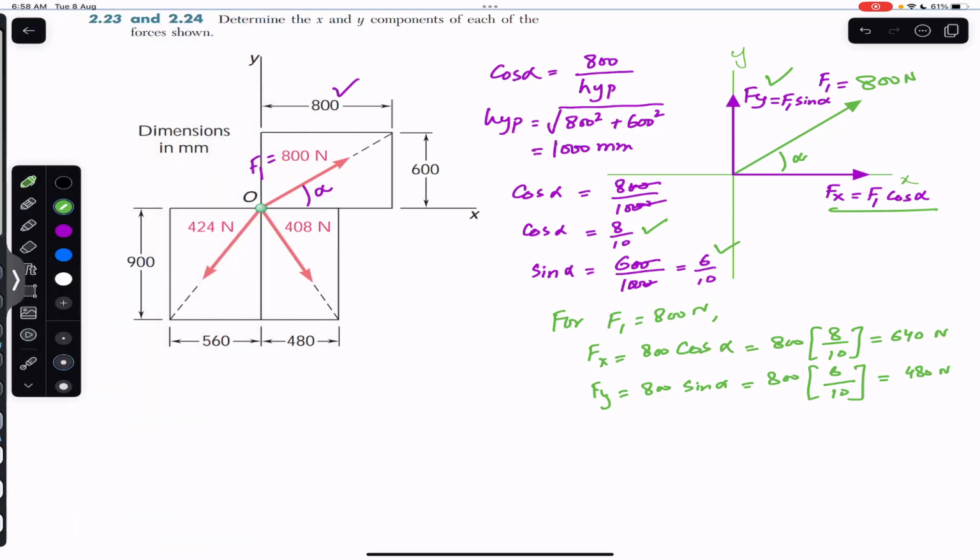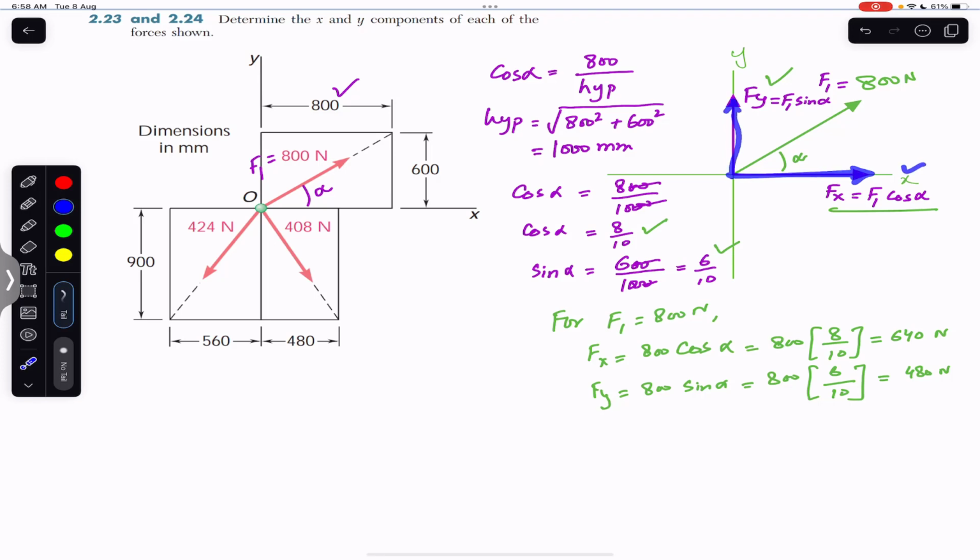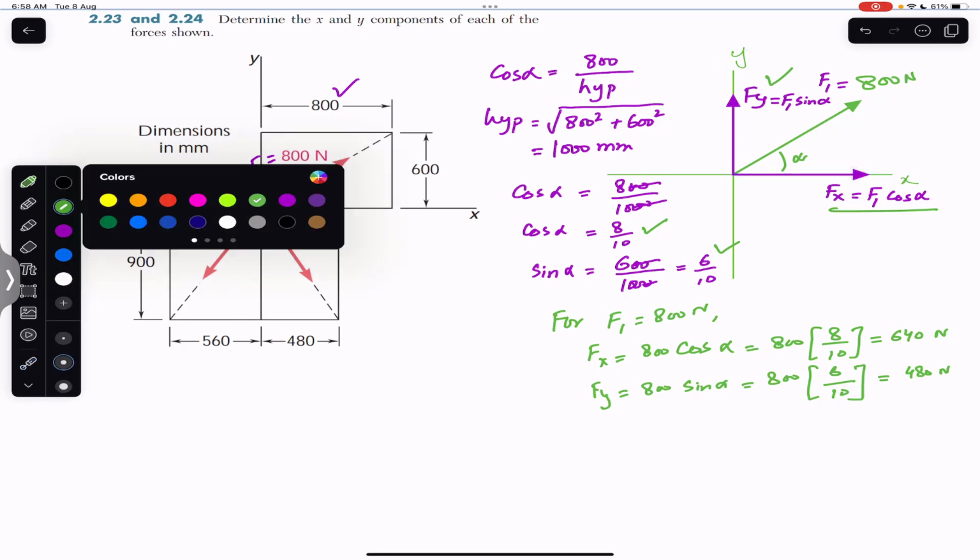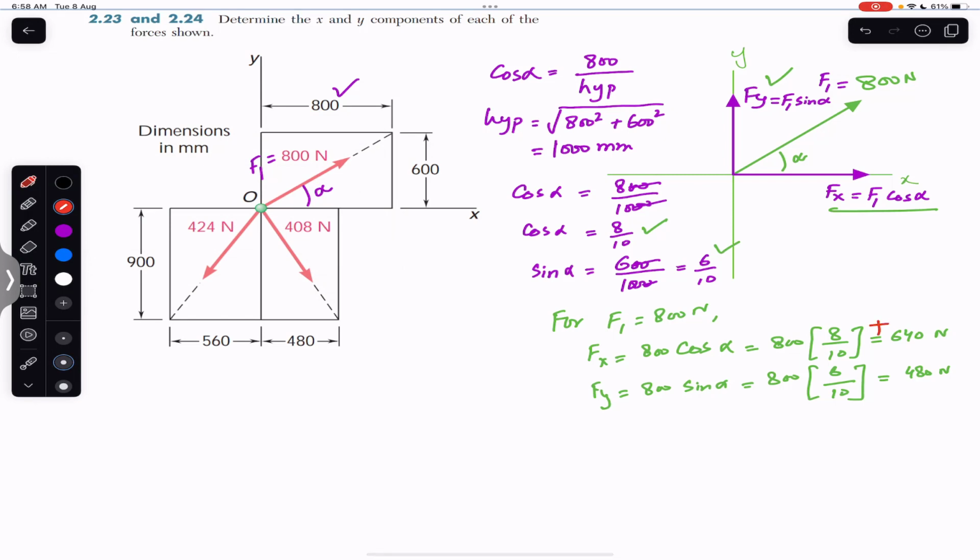Now to represent the directions of f of x and f of y, we need to put the plus and minus signs. So as we can see, f of x is acting in the positive x and f of y is also acting in the positive y. So we need to put plus sign here. So we can say that f of x magnitude is plus 640 Newton and f of y magnitude is plus 480 Newton.